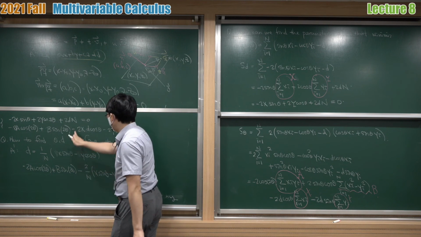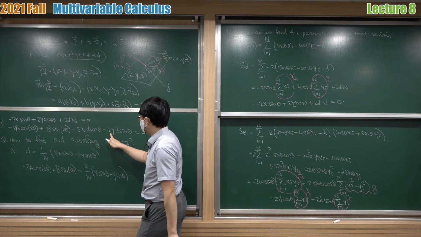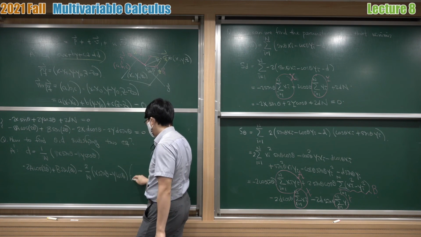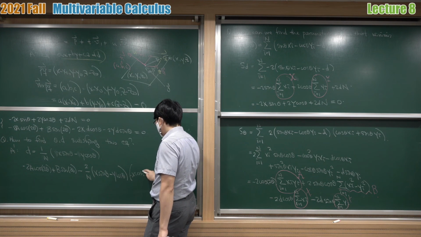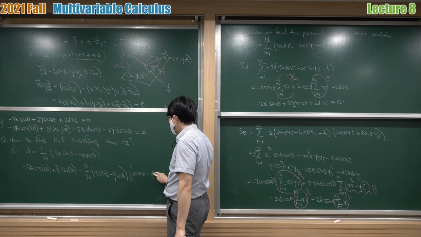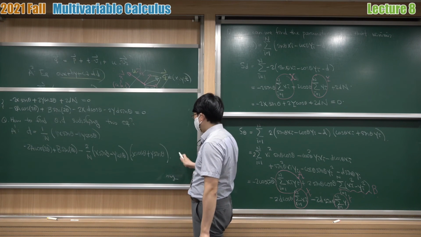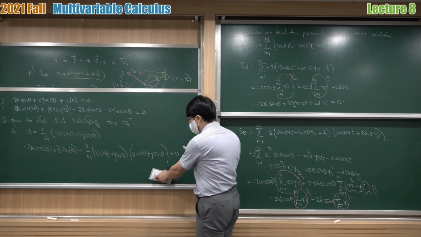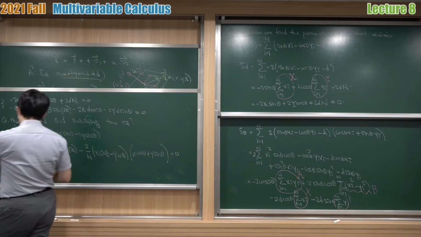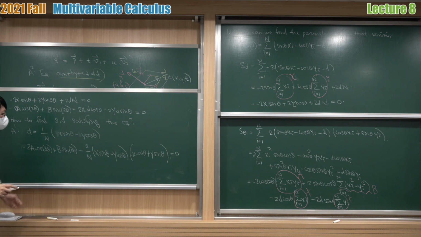So we have minus 2 taken out, and we have x cosine theta and y sine theta. And I want this to be 0. Now it's an equation of theta only. Can I make it simpler?